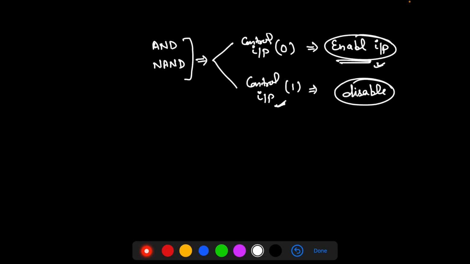It means our output does not depend on input A, that's why we call it a disable input, and here we call it enable because our output depends on input A.